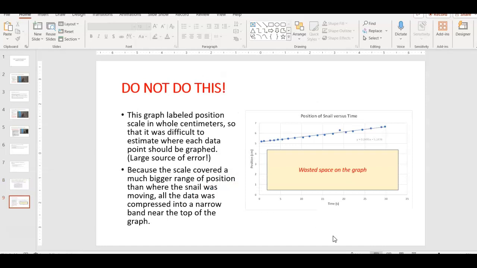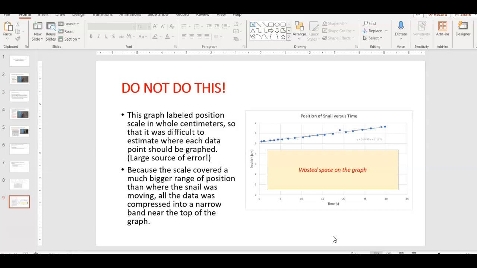Here's an example of what you should definitely not do. Okay, do not do this. In this graph, the position scale is labeled in whole centimeters, and therefore each data point required a lot of estimation because they had to differentiate between 5.1 and 5.2 and 5.3 centimeters, and there were no real grid lines or anything to help with that.